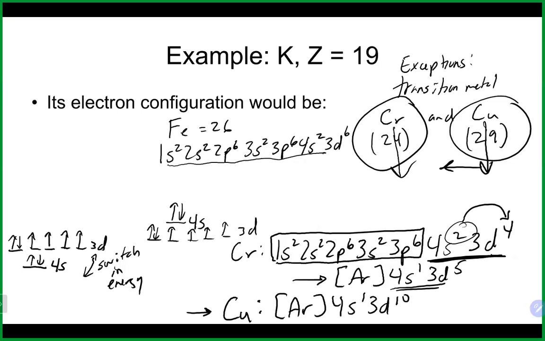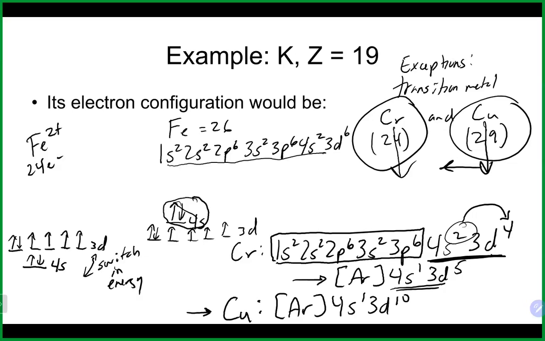But the consequence of this is that when something like iron loses 2 electrons and becomes a positive 2 charge, it now will have only 24 electrons. And the reality is, because of this switch in energy, the electrons that get lost first with a transition metal are always those s's.